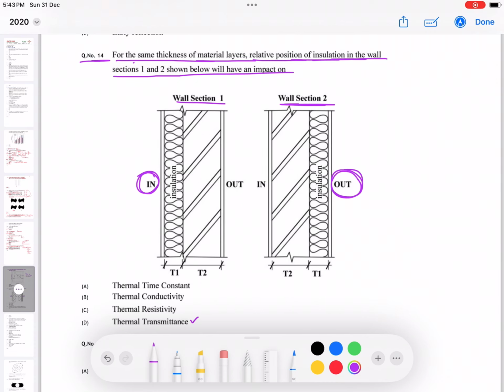Transmittance is U value and it is reciprocal of R naught, that is the air to air resistance. Thermal resistivity and thermal conductivity.